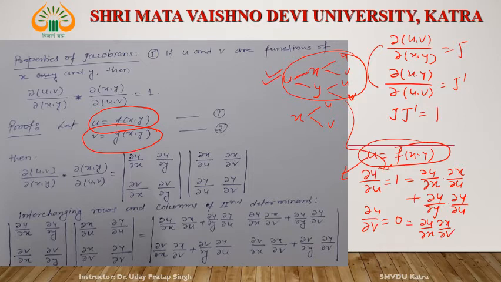There is one path u to x, x to v, and u to y, y to v, plus ∂u/∂y into ∂y/∂v. This is 0. Similarly, you can differentiate the second equation also. You get the second row. It means this is 1, this is 0, this term is 0, and this term is 1. Then this is the identity matrix with rows 1 0 and 0 1, and this is 1.